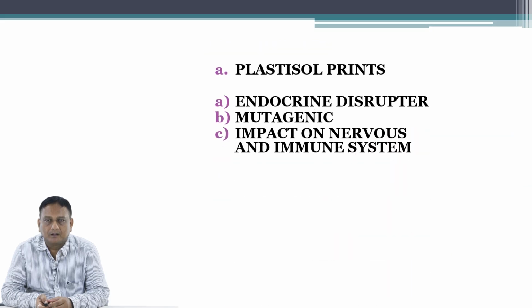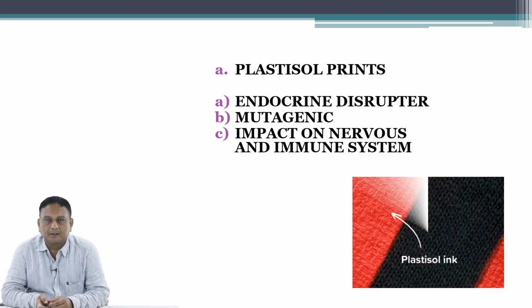Now one important part of printing is plastisol ink or plastisol print, which contains phthalate. Phthalate is used in plastisol prints when it is printed. Phthalate is also one of the endocrine disruptors. It is mutagenic and has an impact on the nervous and immune system of human beings.